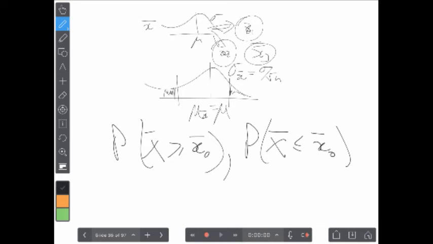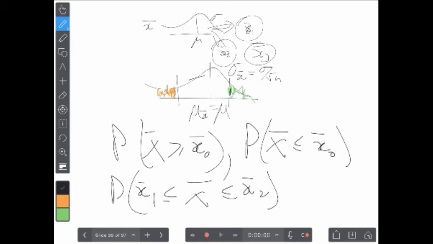Or it could be the probability of x bar being between x bar 1 and x bar 2. So we could find the probability of exceeding a value, the probability of being lower than a value, or the probability of being between those values. Okay? Those are the three options.